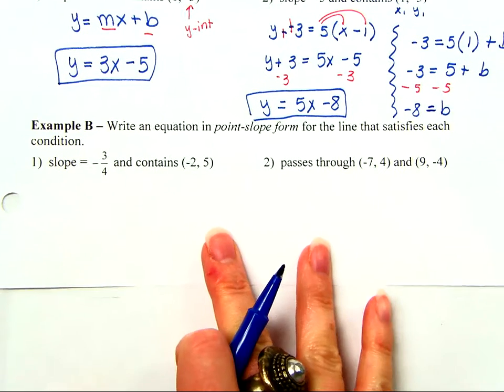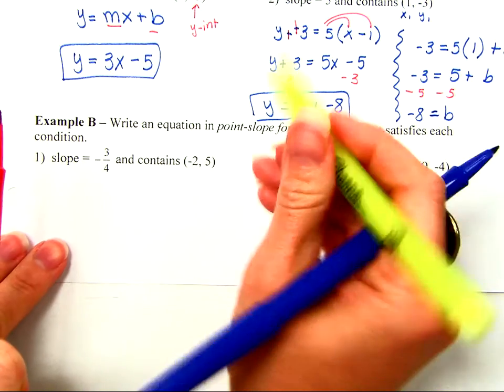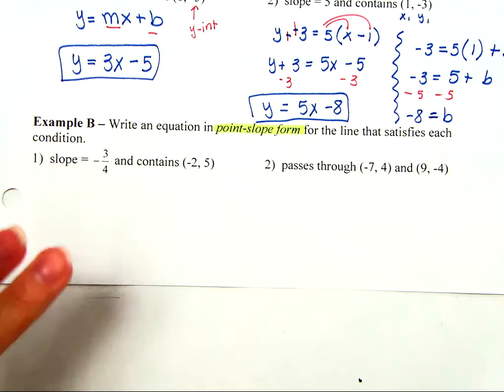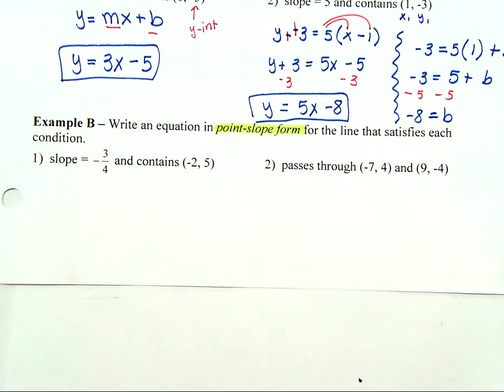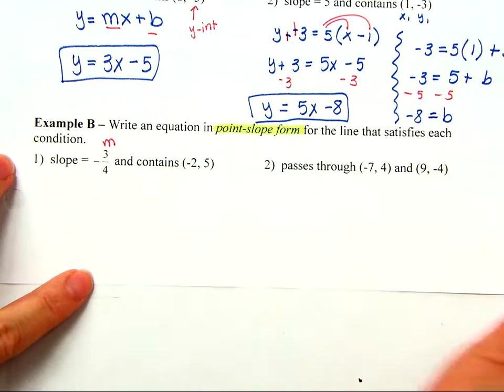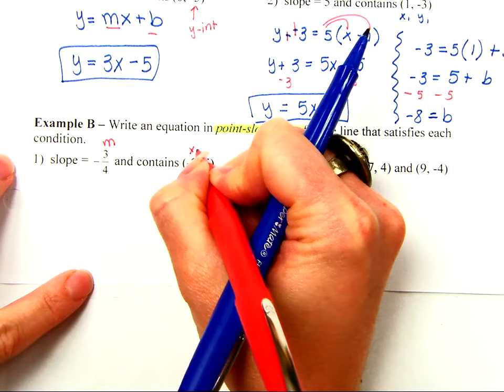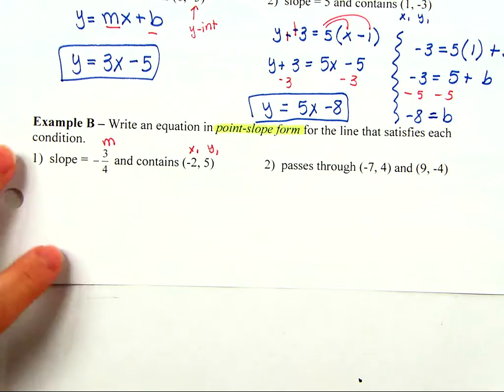In example B, when they ask me to write my equation of my line, this time I'm going to look at writing it in point-slope form. They do give me a slope of negative 3/4 and a point of negative 2, 5. I'm going to use this as my x1, y1.